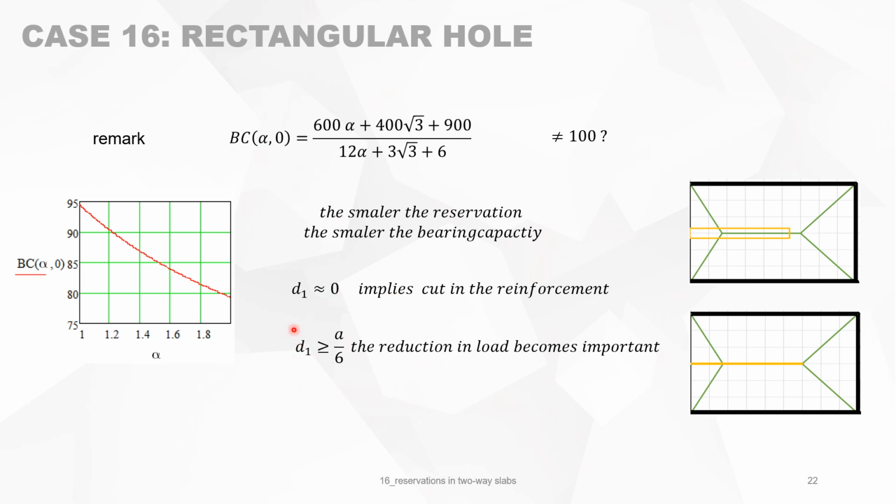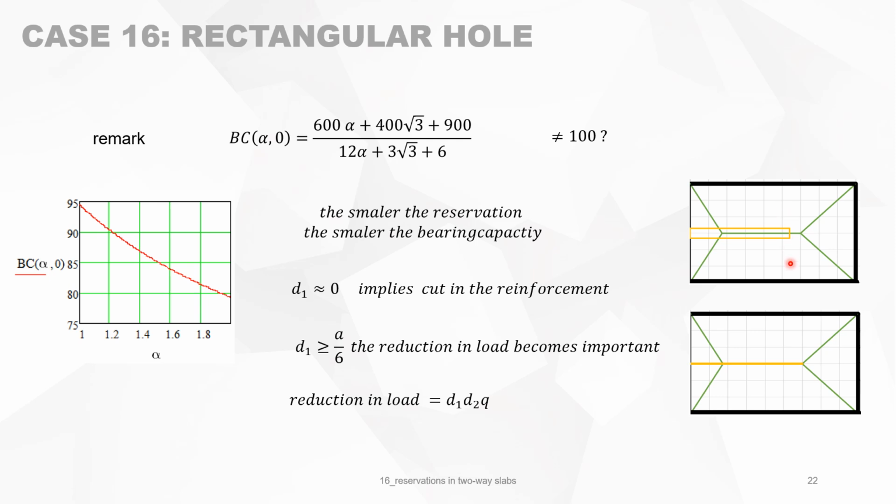So when D1 is now bigger than A over 6, then the reduction that you have here, because you have cut away this yield line, cutting away yield lines will say that you lose bearing capacity. So what will happen is that this surface, which is D1 times D2 times the load, is a reduction in load.